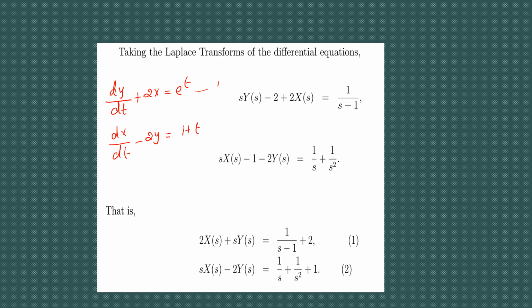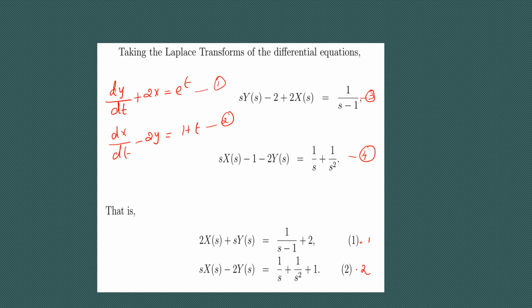When you take the Laplace transformation on both sides of equations 1 and 2, you get these equations. Or we can rewrite them in terms of x of s and y of s. So these are the two equations we got using the Laplace transformation.